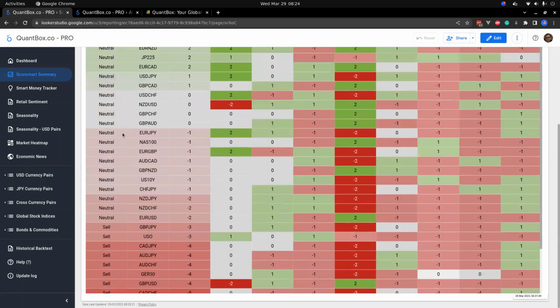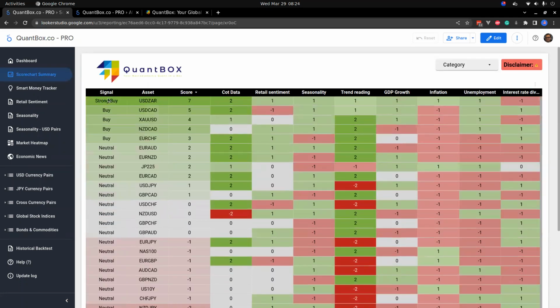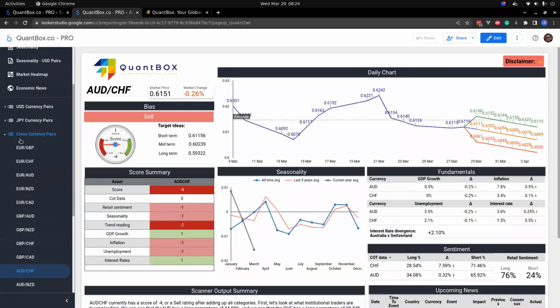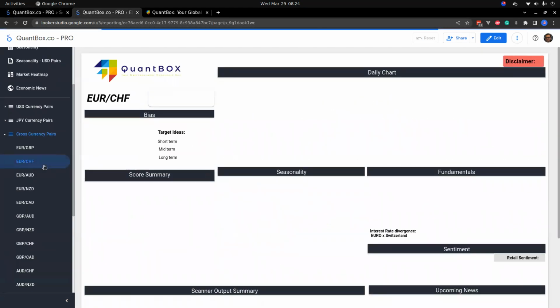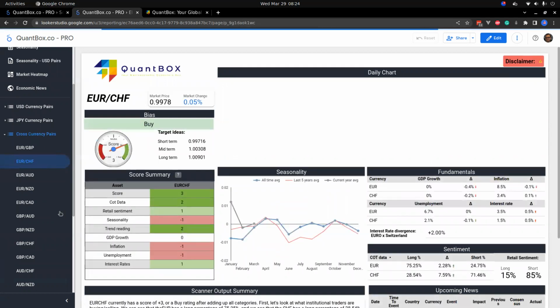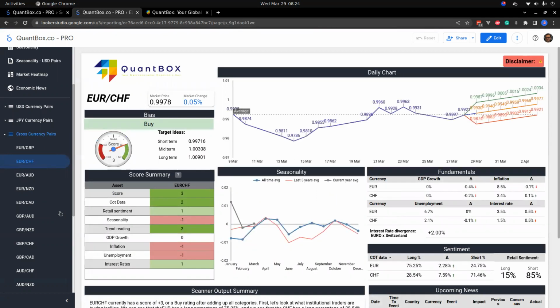Now, yesterday we spoke about what makes up these biases, okay? And we said that when you go and look at a currency pair, like for example, let's look at Euro Swissy under the cross currencies, you'll see a score chart summary, okay? We spoke about what makes up the score chart summary yesterday, specifically focusing on COT data and then fundamental data.